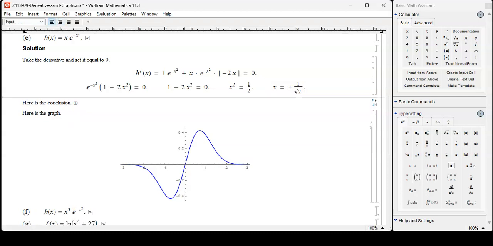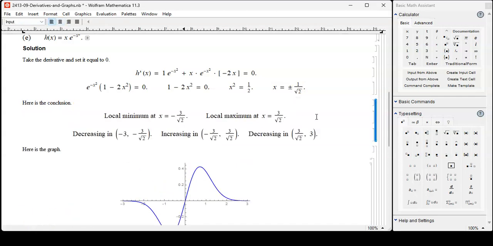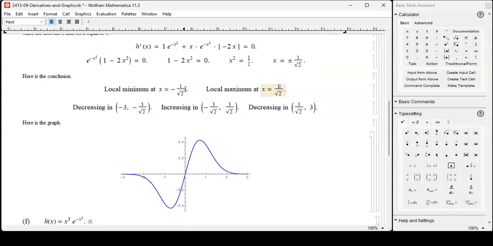Now, let's put those into conclusion. So local minimum at x equals negative 1 over square root of 2. Local maximum at x equals positive 1 over square root of 2.